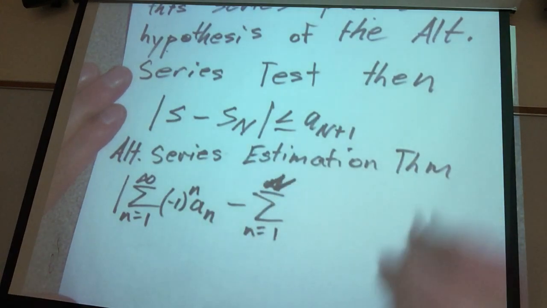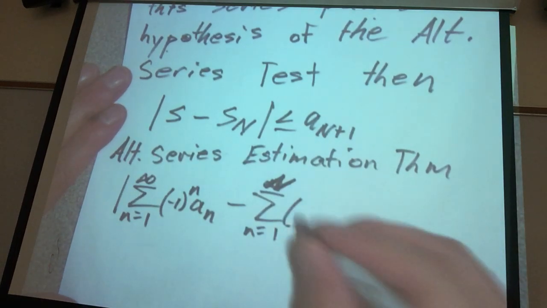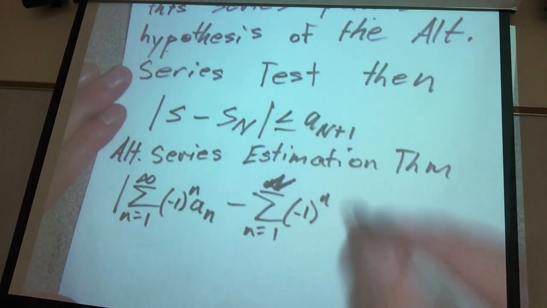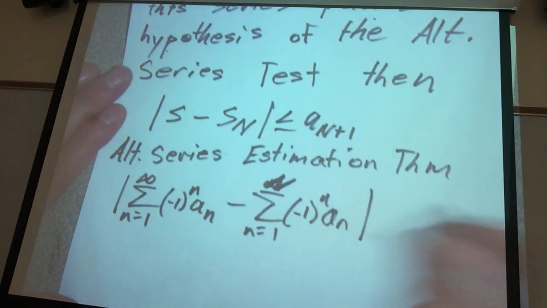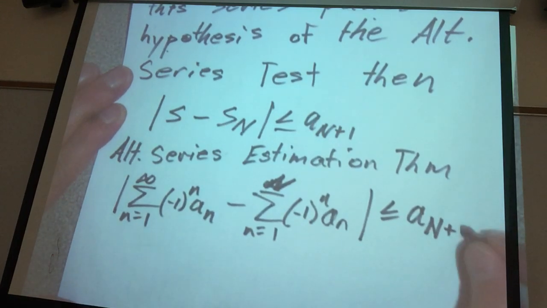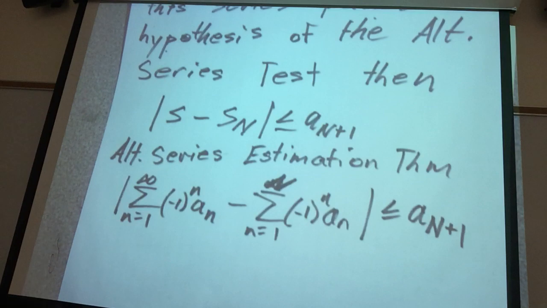It's got to cut off at capital N. Now, negative 1 to the n, a sub n, has to be bounded by a sub capital N plus 1. So the difference between the infinite series and a series that you cut off, what is it bounded by? It's just bounded by the next term of the infinite series.